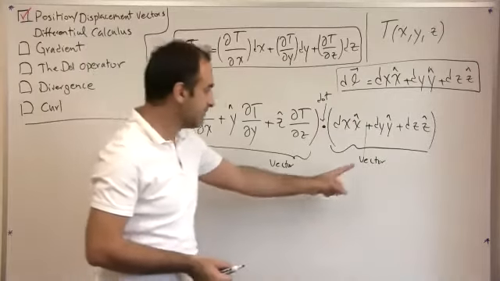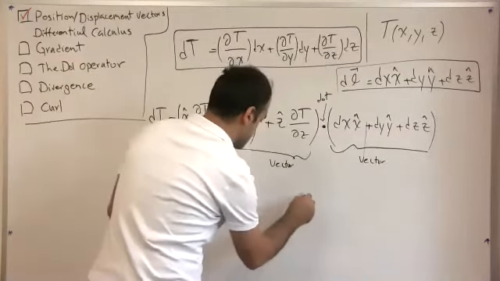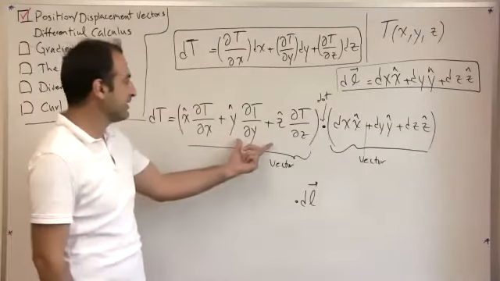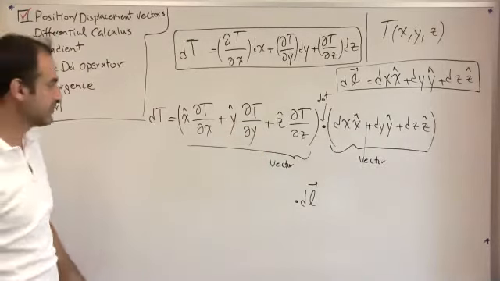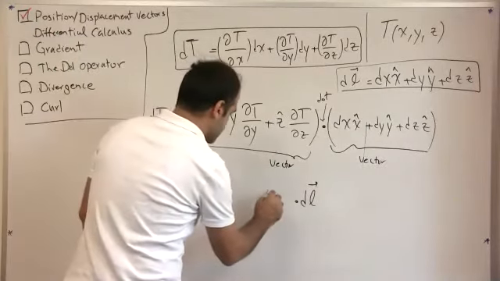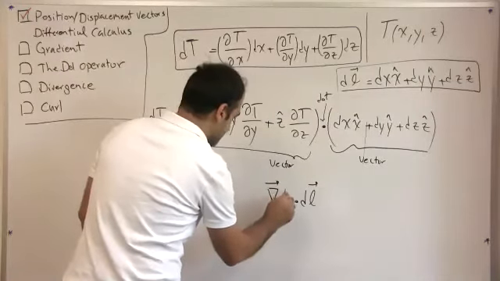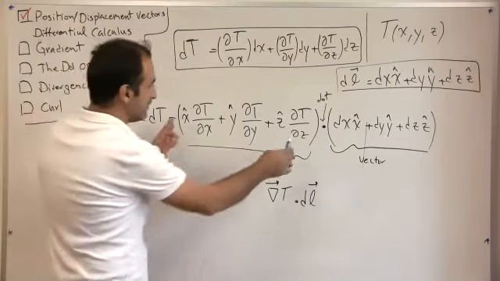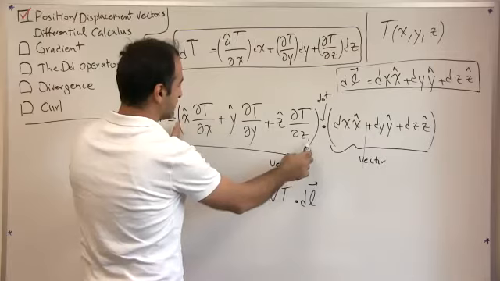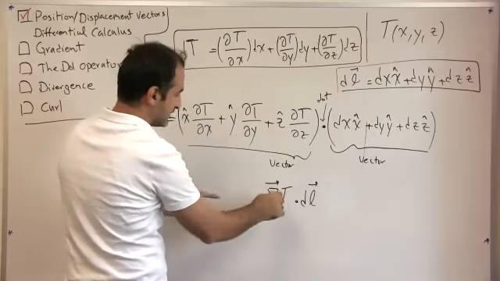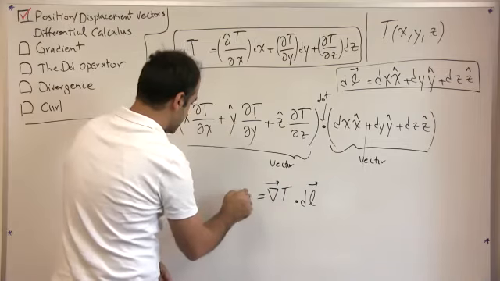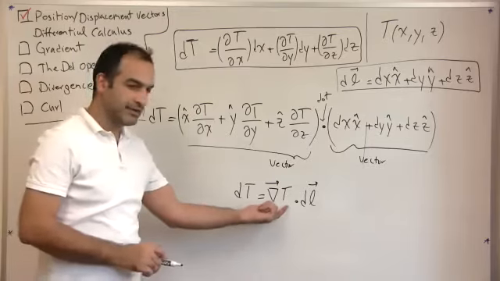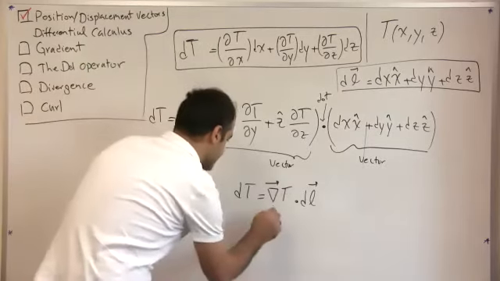The second vector here is dl, and the first one here, I want to define as a gradient. So the whole thing here, I want to give it a definition like this and say this is the gradient of t. So for any scalar field, this definition is equal to the gradient of t, and that should be equal to dt. This form of notation is very common, and this is the definition of the gradient, actually.